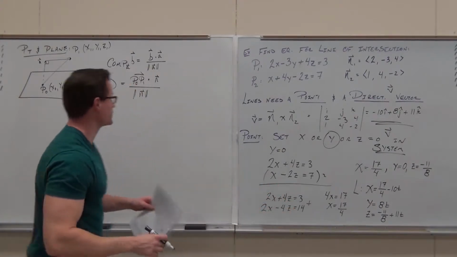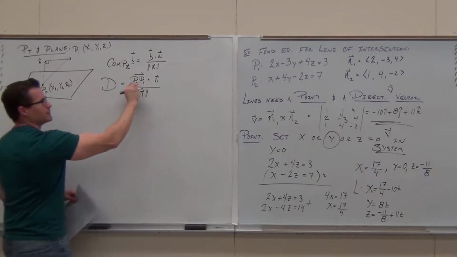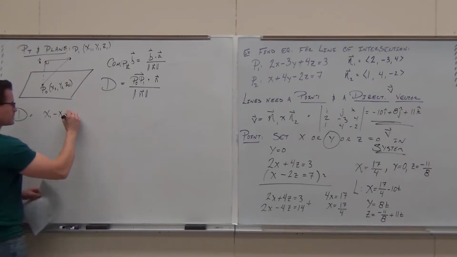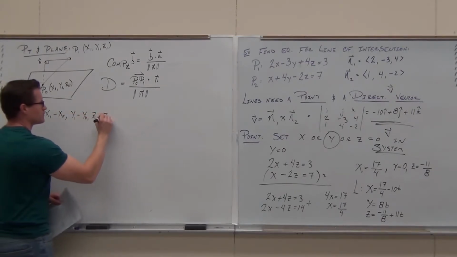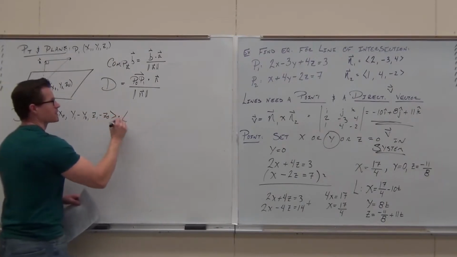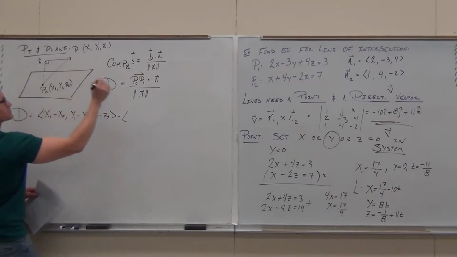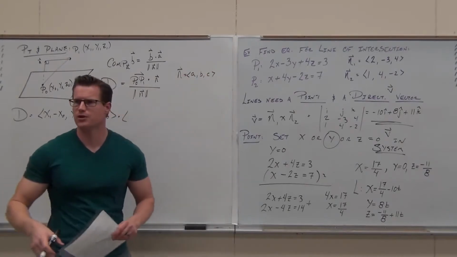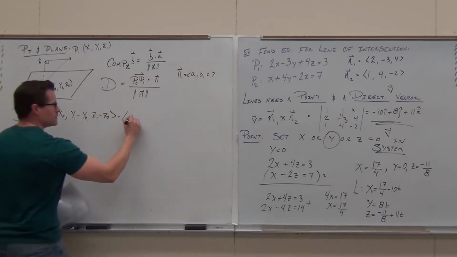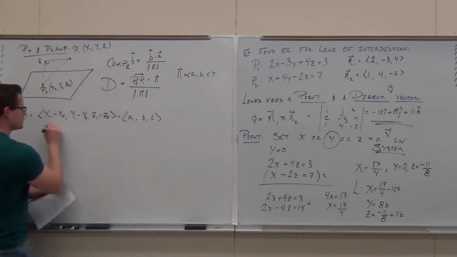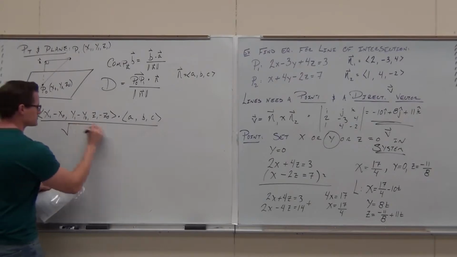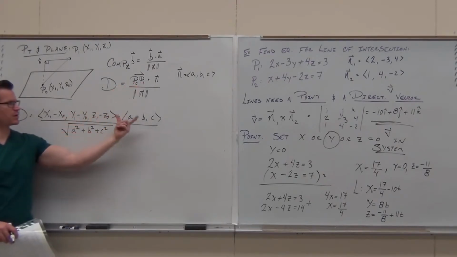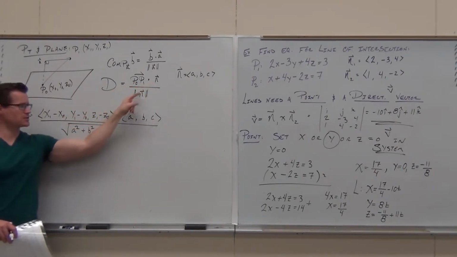Now if we do that, this right here is that vector dotted with, if I give my normal our usual components A, B, C. If I give that to my normal, then this is vector P0 to P1, this is vector and the normal, this is the magnitude of vector and the normal.